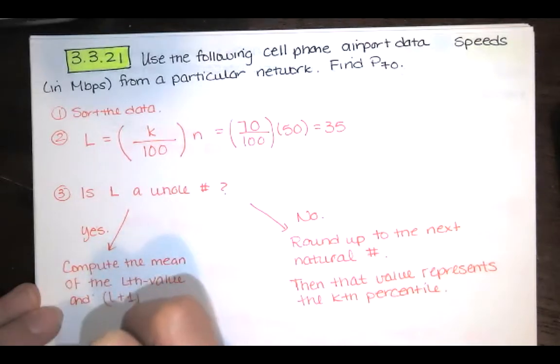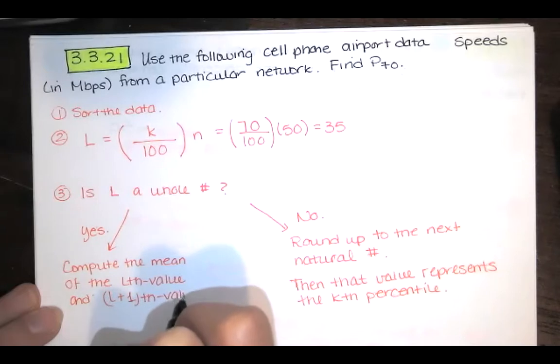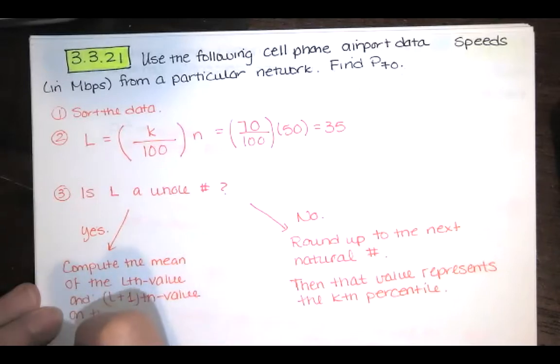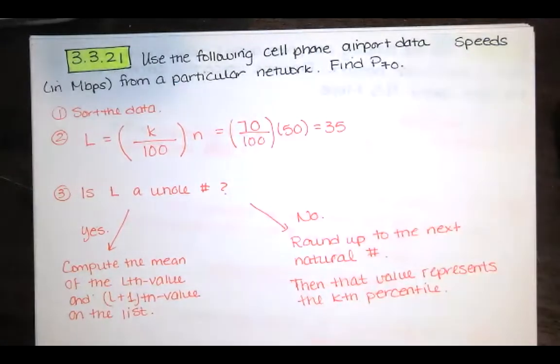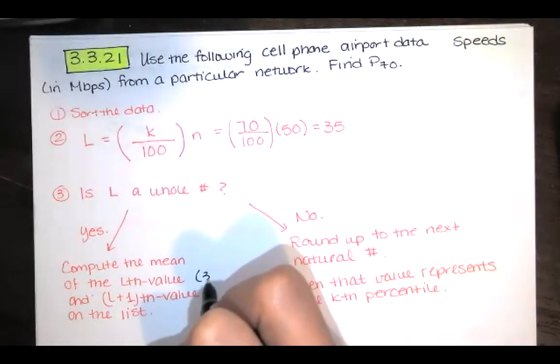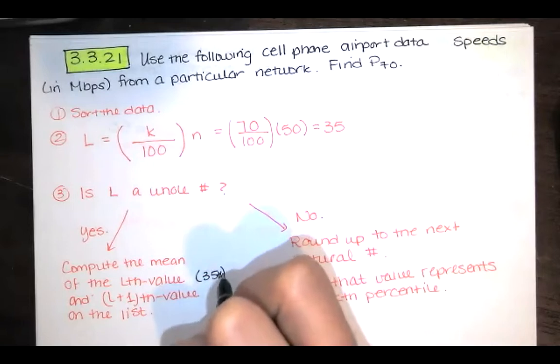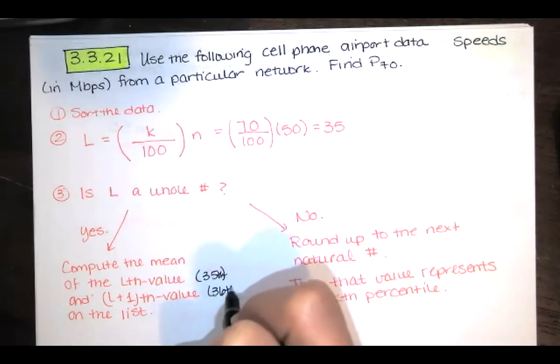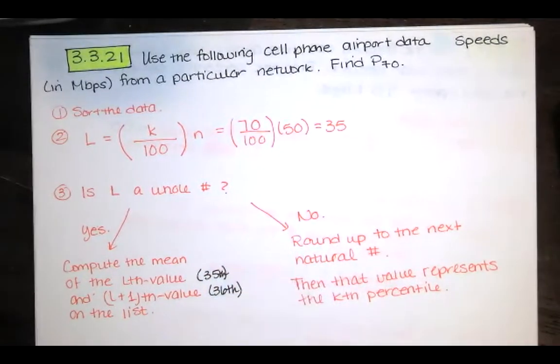I know it sounds funny. So in our case, L is 35. So we're computing the mean of the 35th value on the list and the 36th value on the list, and that's going to represent the 70th percentile.